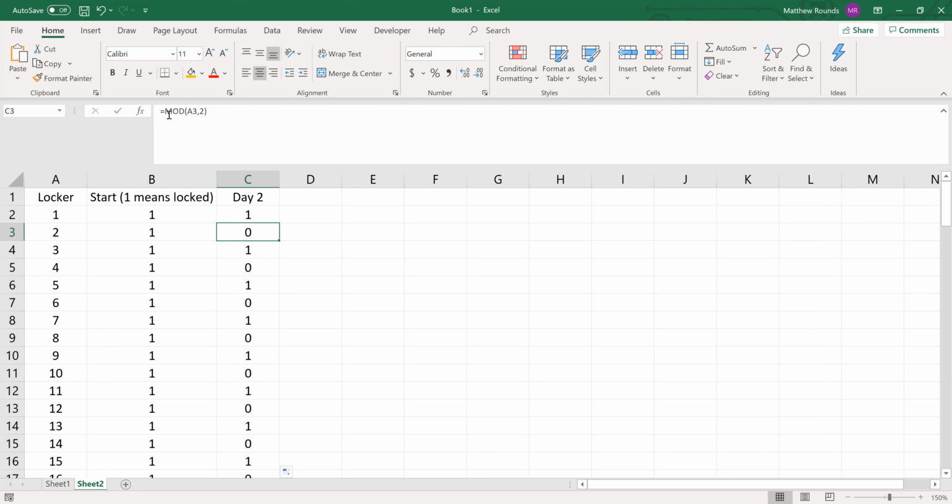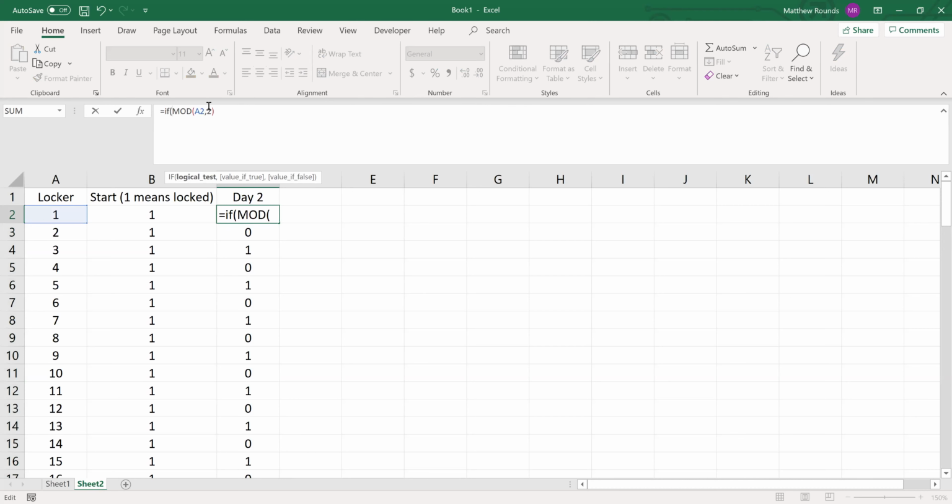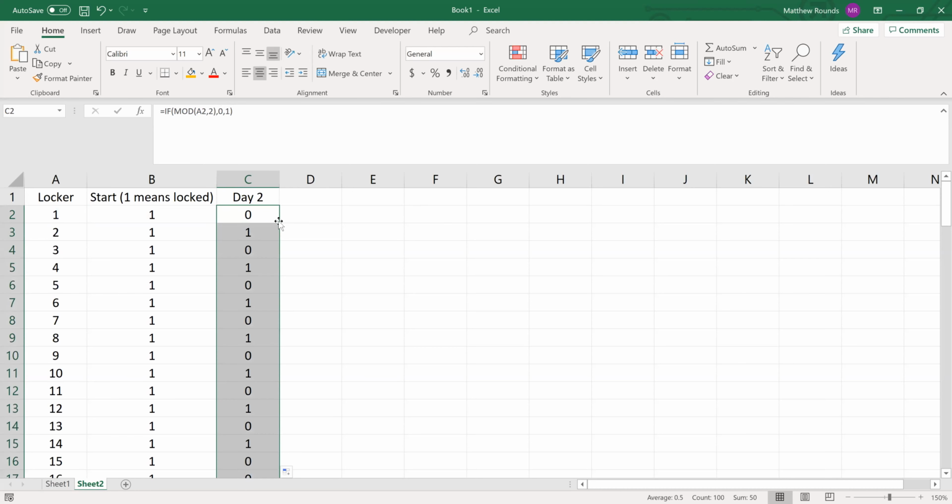So if this changes to 0, then what happens? The other number becomes locked. So we know it goes to 0. If it doesn't, it stays the way it was, or we can just say 1 for now. So I just created that rule.